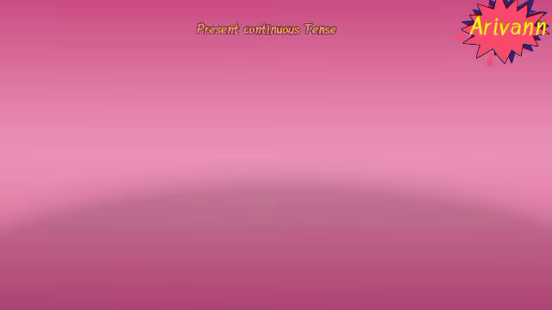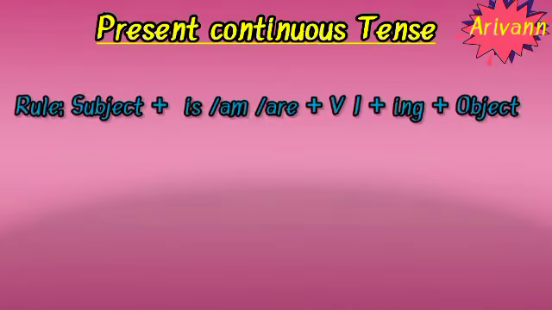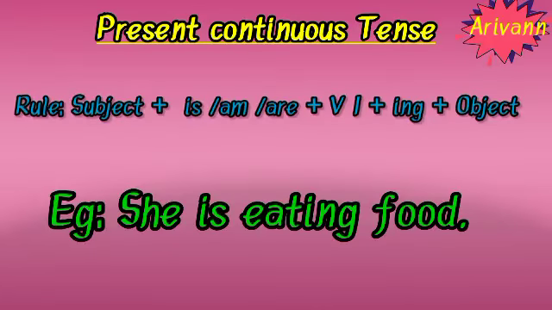Okay. Now let's see how to form present continuous tense. See the rule to form present continuous tense: subject plus is or am or are plus verb plus ing plus object. Let's see the example. She is eating food. Here the subject is she followed by is.